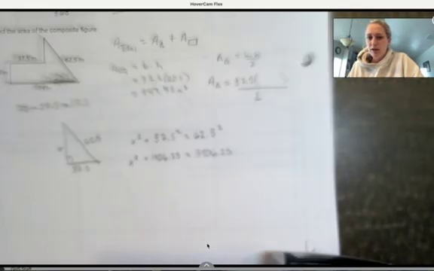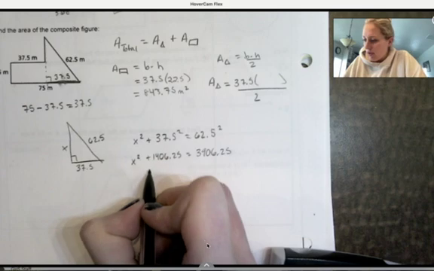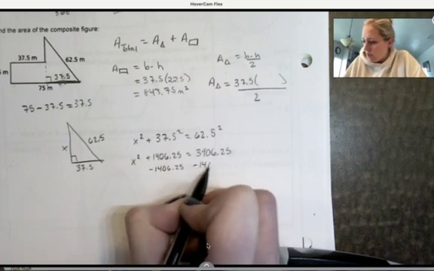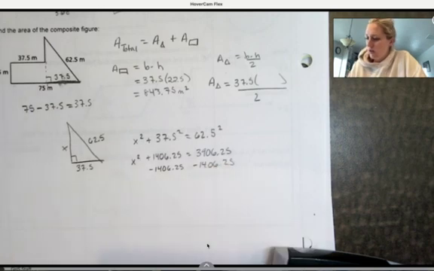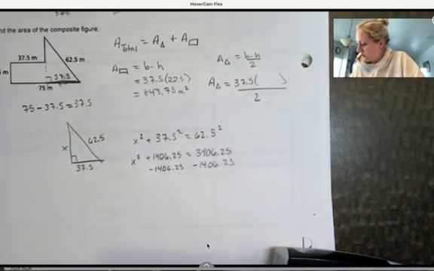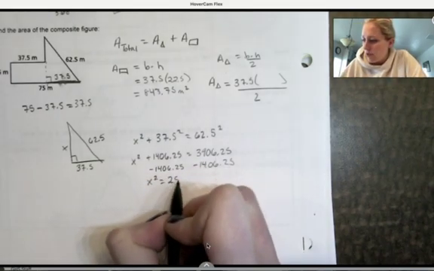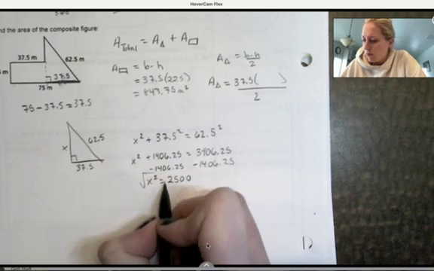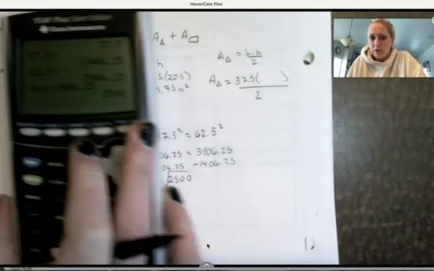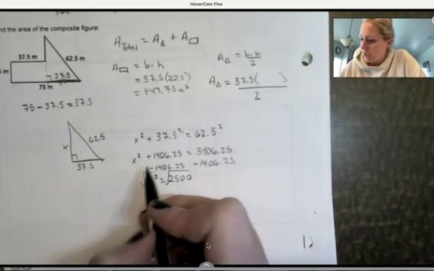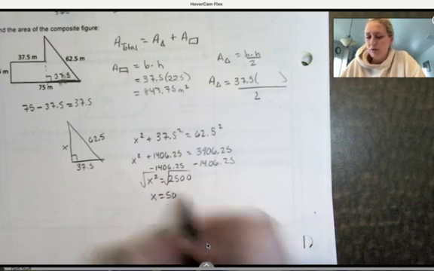Okay, so now I want to get x squared by itself, so I'm going to subtract the 1406.25. And we're left with 2,500. So then lastly, we're going to take the square root of 2,500, and we get 50. So x is equal to 50.